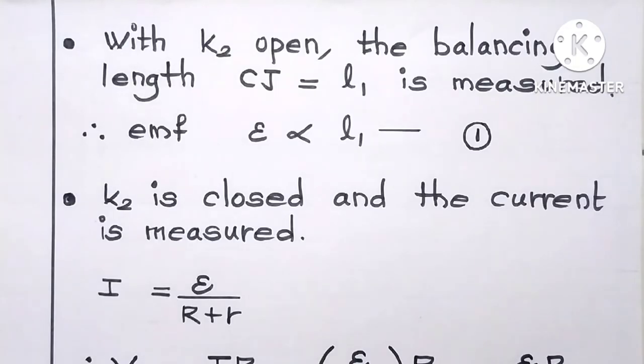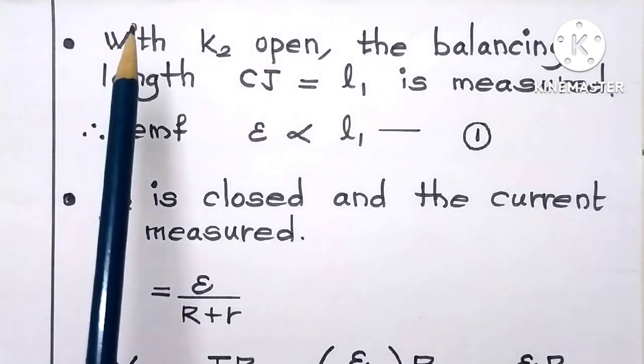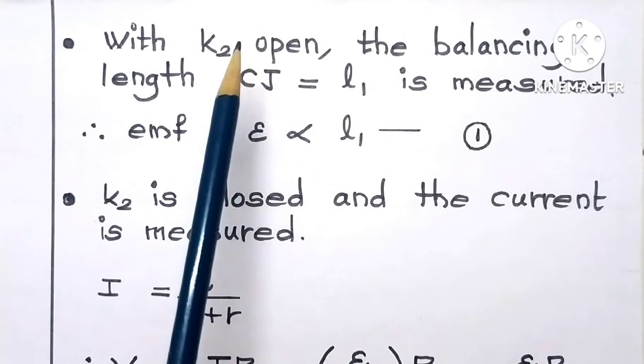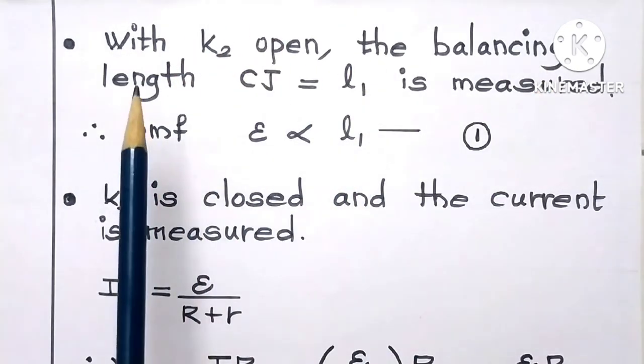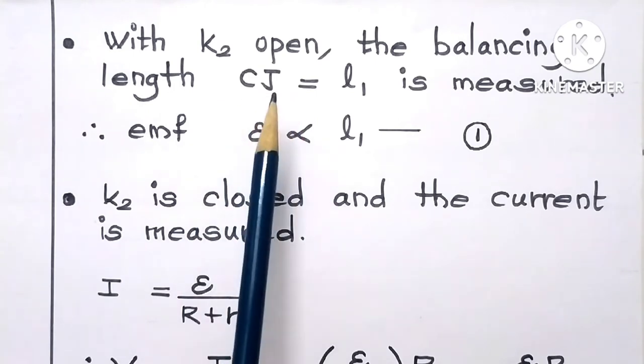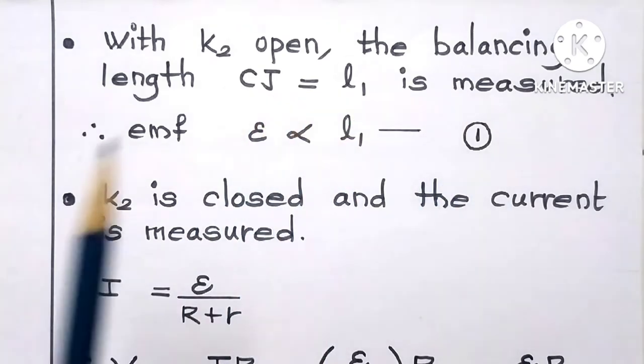As we have already learned, in an open circuit, we can find the EMF of the cell. So with K2 open, the balancing length CJ equal to L1 is measured.